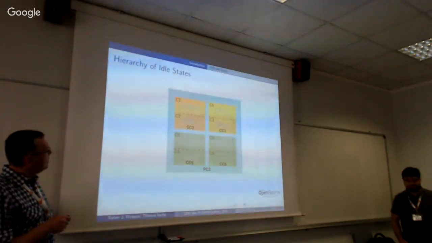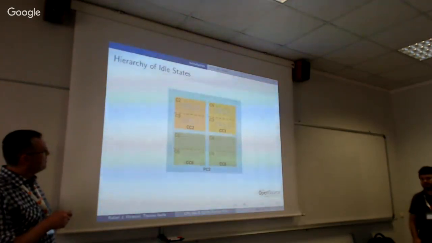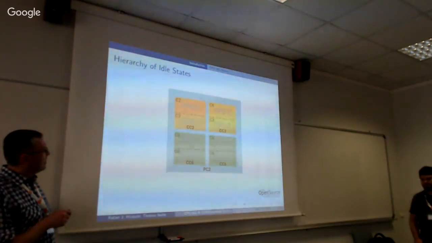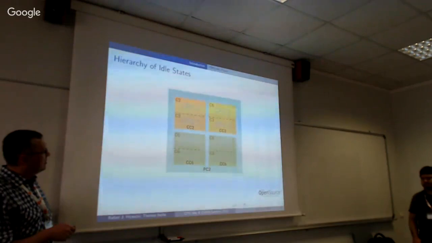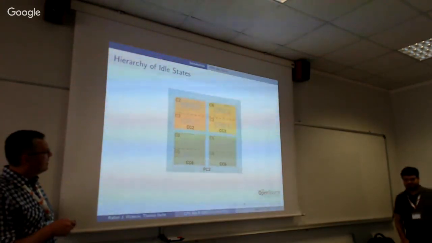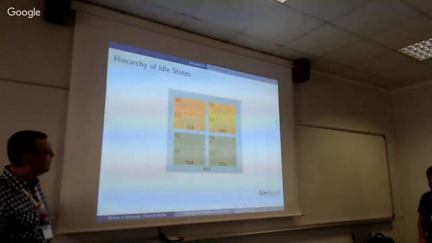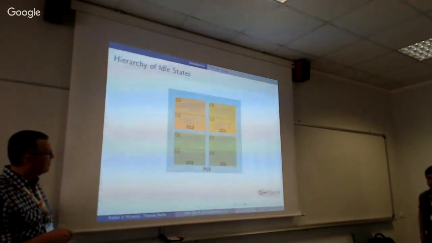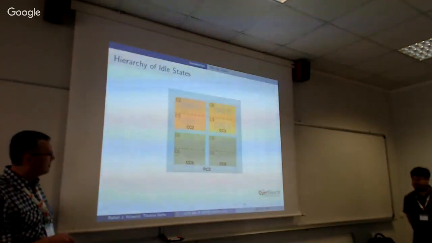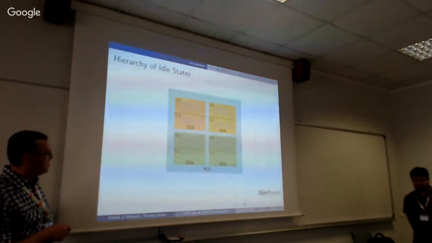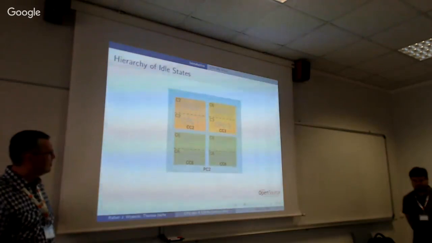So here we have the hardware threads CPU0 and CPU1 requesting C2 and C3 respectively, and then the core could go into core C3, because the shallowest state requested was 3. And in these two cores, both hardware threads requested C6, so the cores could go into the core C6 state. But the whole package can only go as deep as PC2 because of this core that is in that C2 state.